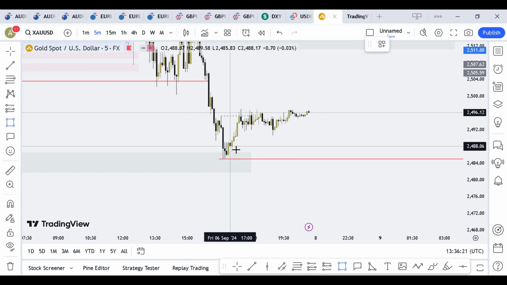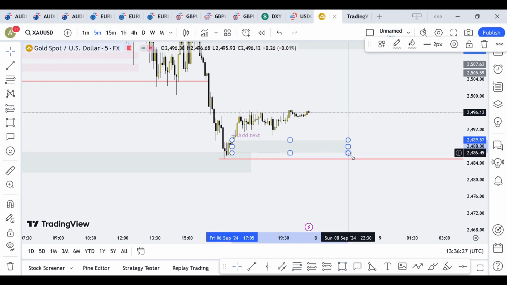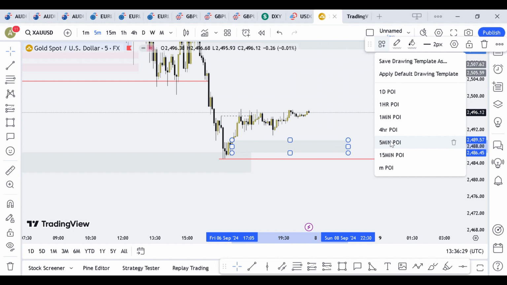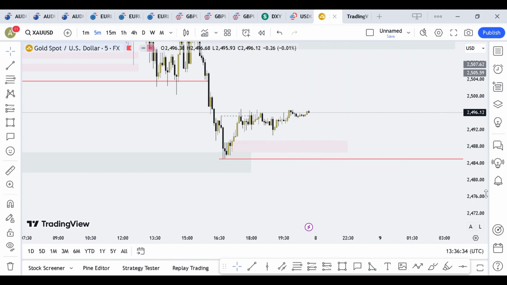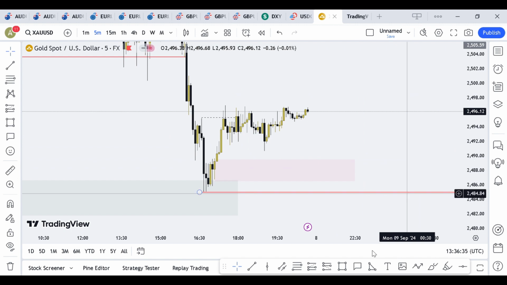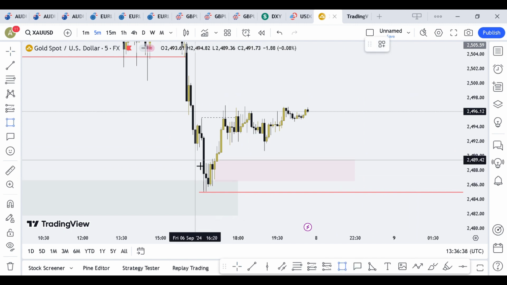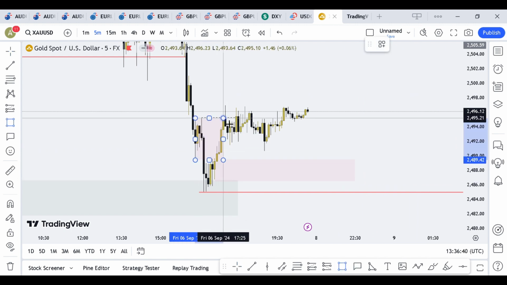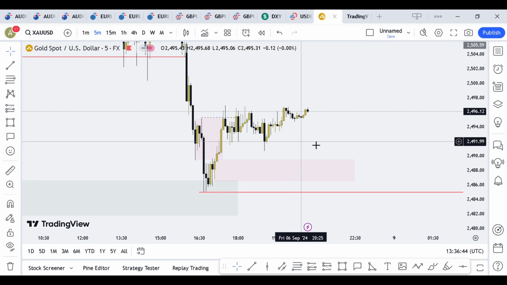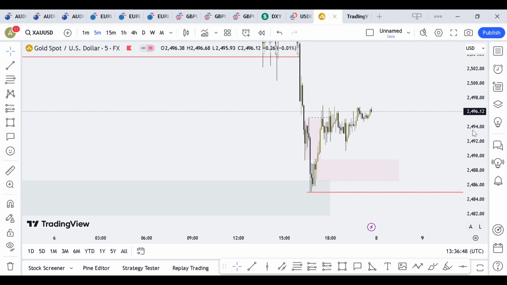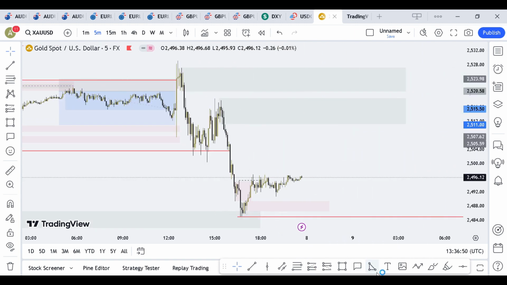I don't think this is a good demand, but let me just mark it for the sake of having that at the back of my mind, because what is giving me some proof that it is a very valuable demand is this buy to sell range that I just marked. Price reacted off from that before shooting up and causing a change of character. So all that put in place, then that is what I'm expecting.